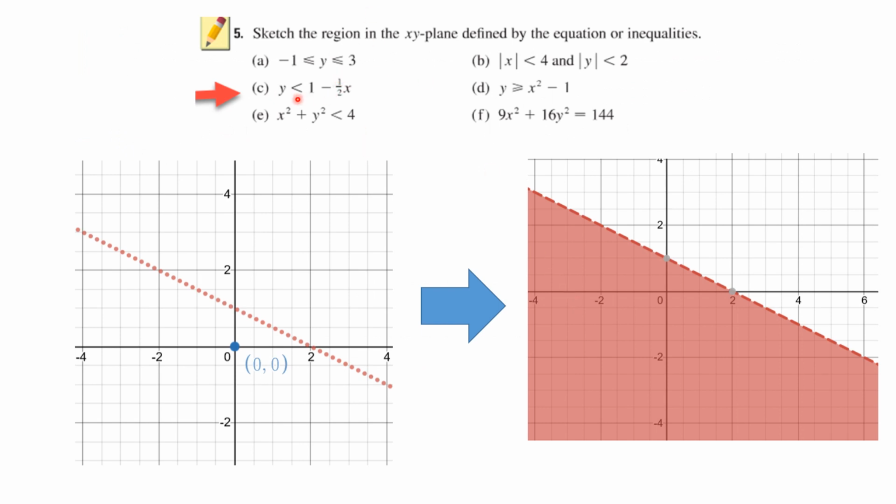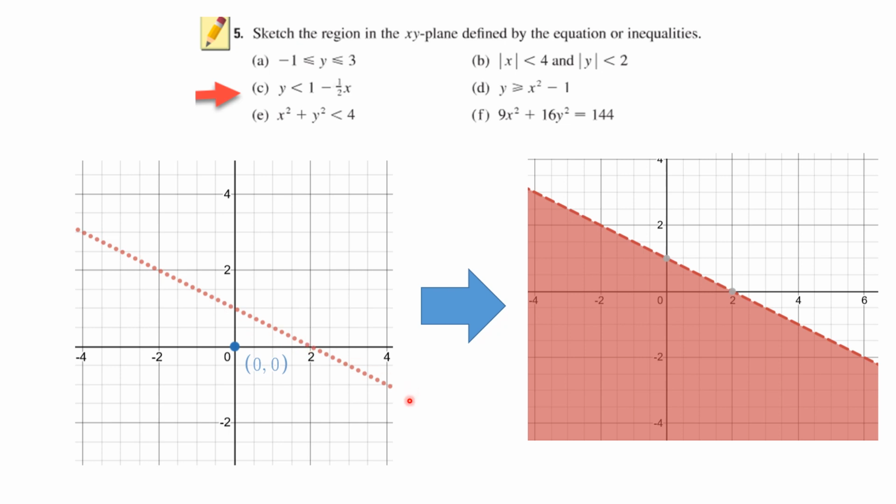Well, you see I have a strict inequality here. It is less than, not less than or equal to. So the line y equals 1 minus 1/2 x is going to form the boundary of that. It's going to have a y-intercept of 1 and slope of minus 1/2, but I will show it as dotted because the boundary is not included, since that is a strict inequality. So I will get this.